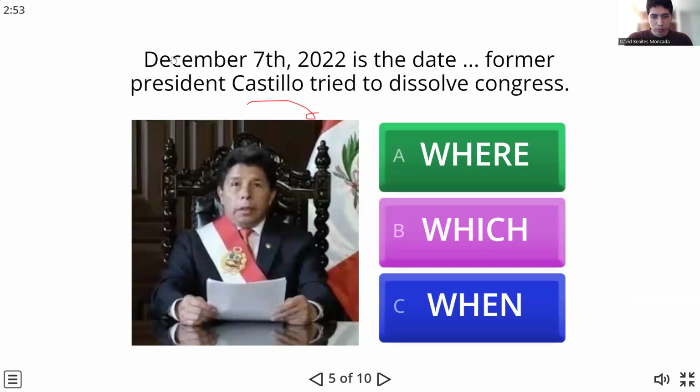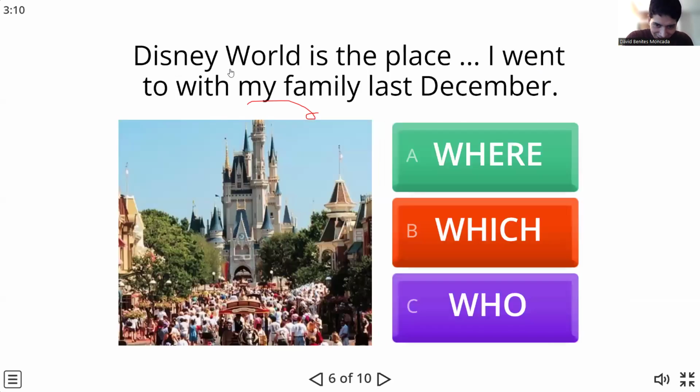Next. December 7th is the date former President Castillo tried to dissolve Congress. Where? No. When? When, nice, because it refers to the date. Disney World is the place I went.